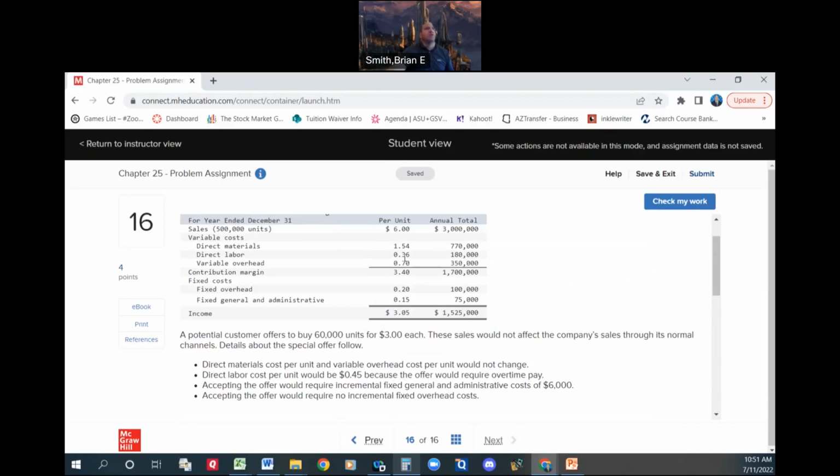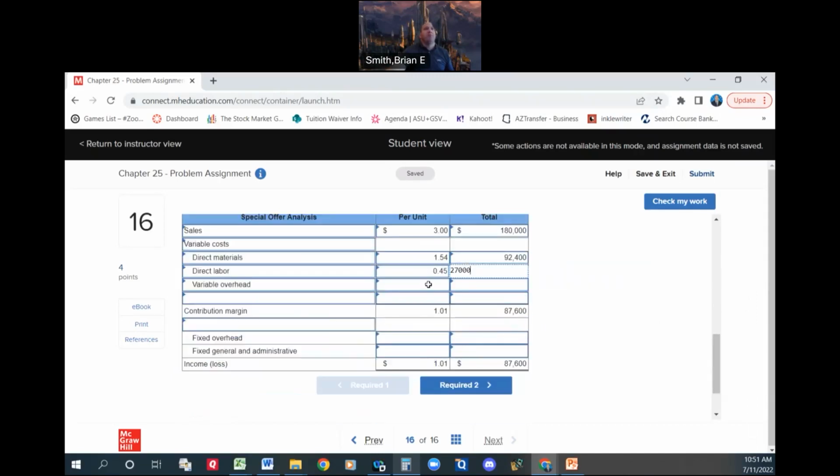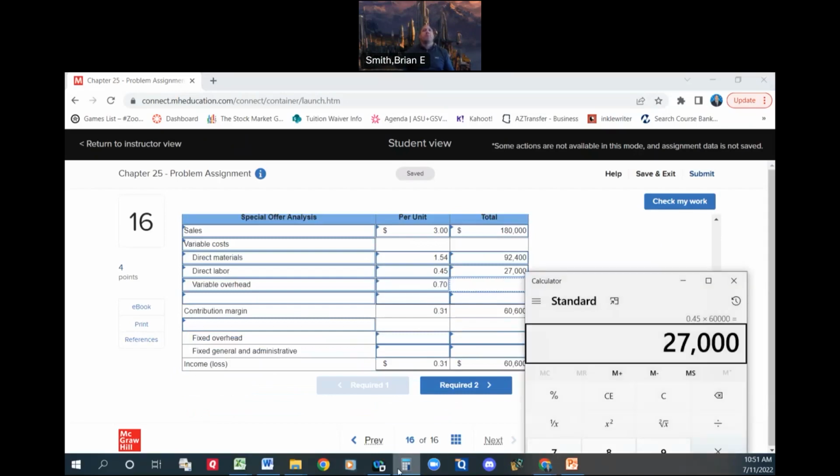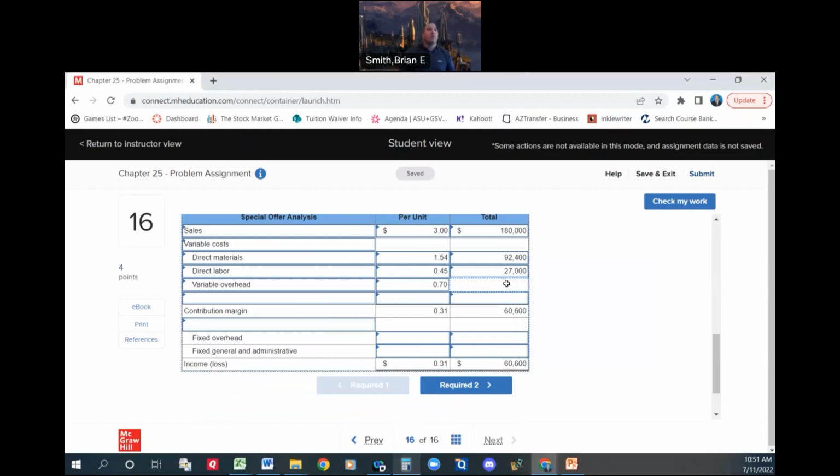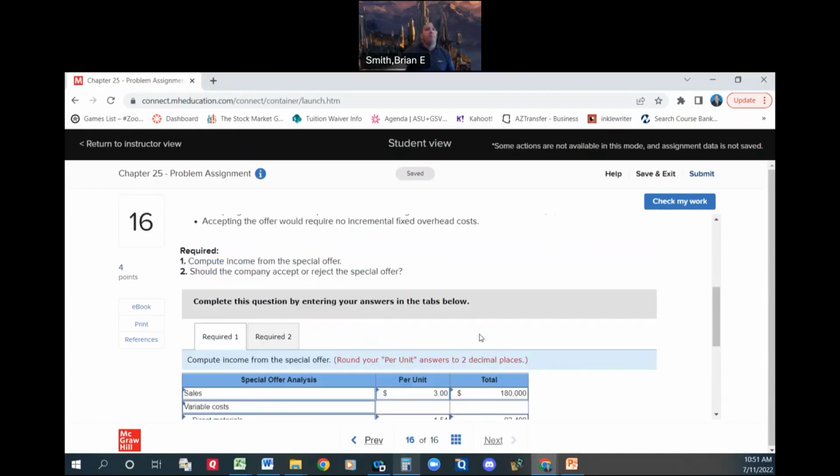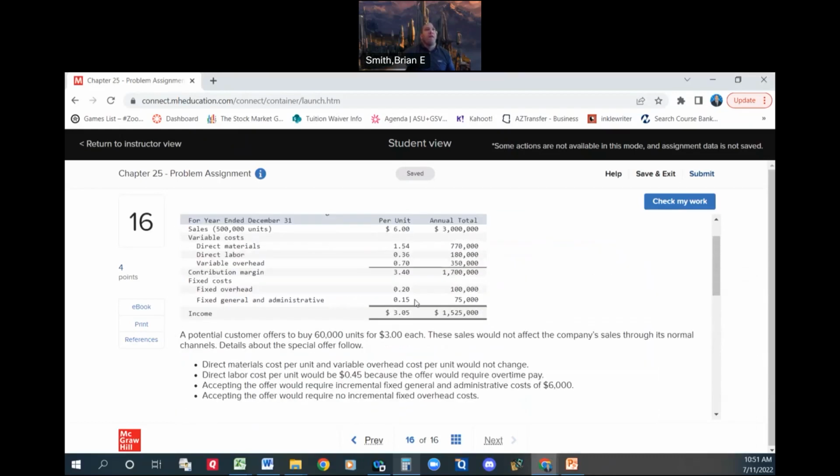Not change. Okay, that's what I was looking for. Variable overhead, so it's 0.7. 42,000. Fixed overhead, our fixed general administrative costs.